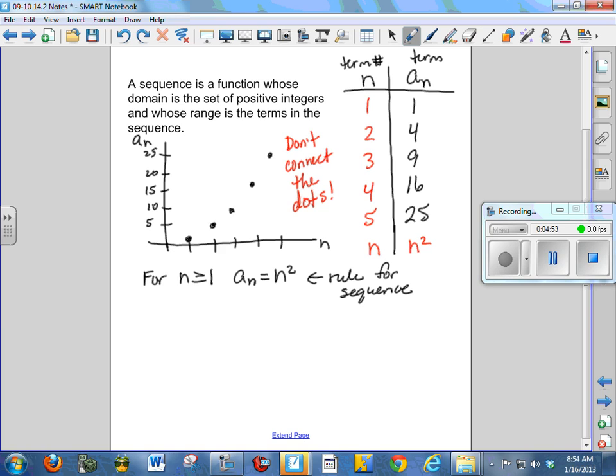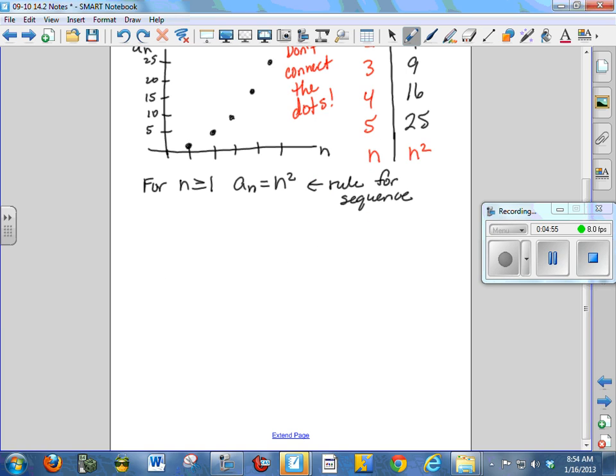Now another thing that I want to mention is something called a series. A series is just a sum of one or more terms in the sequence. So for example, I left an E out of there.